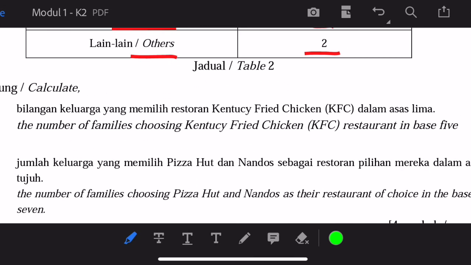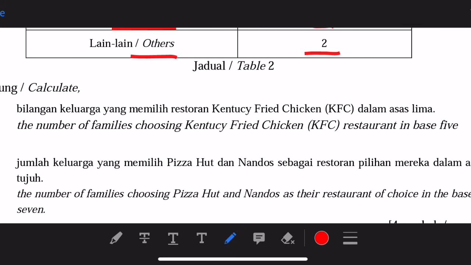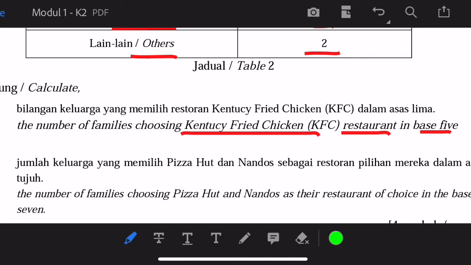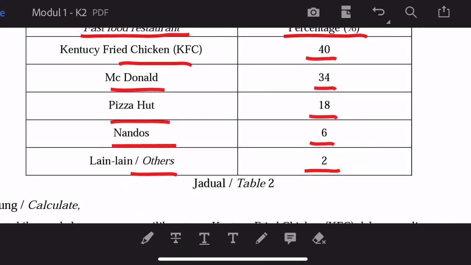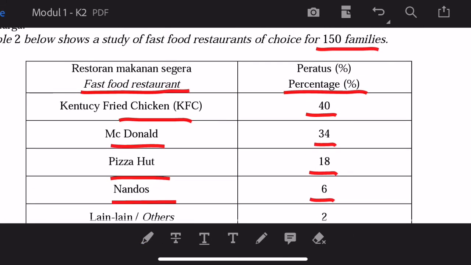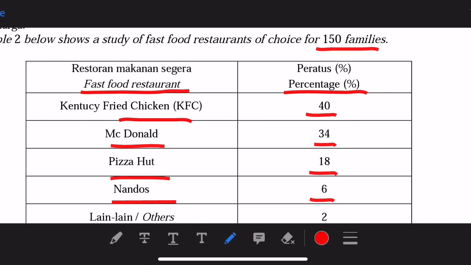Calculate the number of families choosing KFC restaurant in base 5. Okay, so for KFC we have how many percent? We have 40%, right? So 40 over 100 times 150, since 40% means per 100.